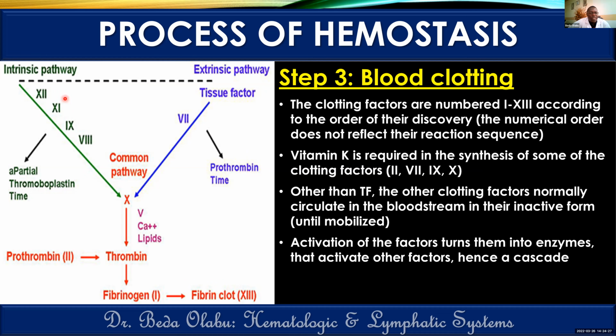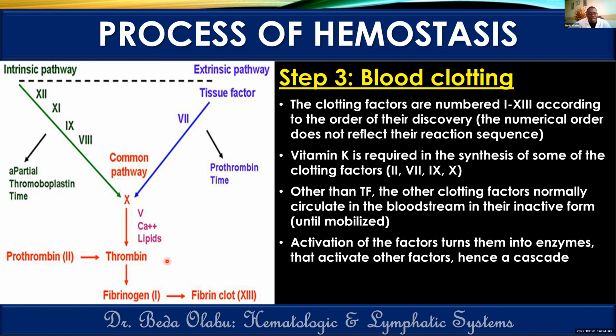In this image, we are seeing a cascade of events from factor 12, 11, 9, 8 in that particular cascade. On this other side, we're seeing tissue factor and factor 7 in a cascade, and they all converge to factor 10. Then you see factor 5 being involved there, calcium and some lipids.